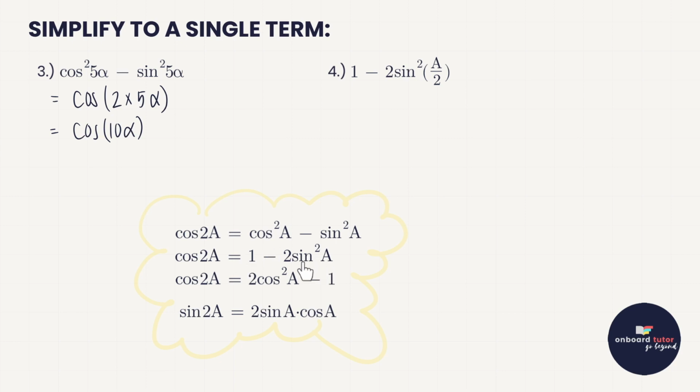And that can be condensed into a single term, cos 2 times the angle that we're working with. So cos 2 times that angle there, a over 2. And what happens when we times 2 by something that is being divided by 2? Well, those simply cancel, and so that becomes nice and neat, cos of a.